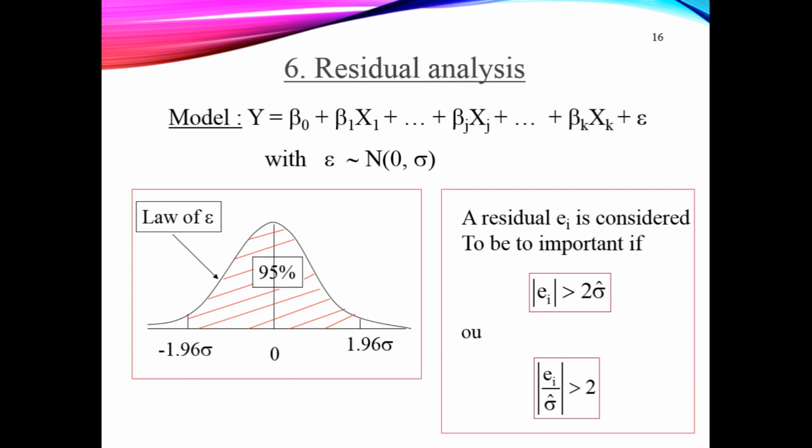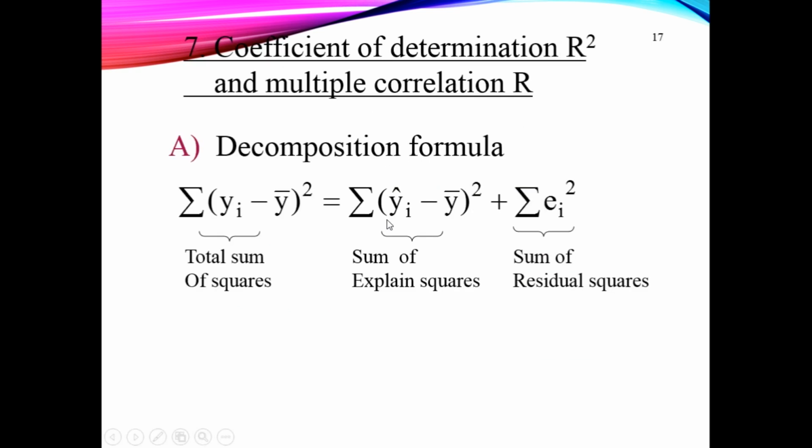Using the following decomposition, the total sum of squares in our model is equal to the sum of explained squares and the sum of residual squares, and then we define the R square as the ratio of the sum of explained squares over the total sum of squares.